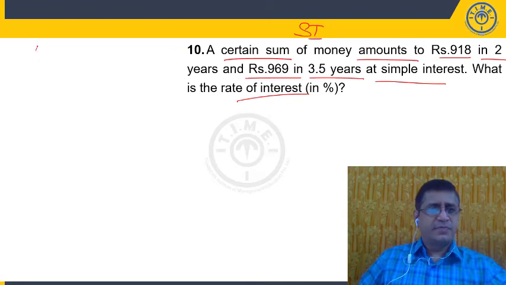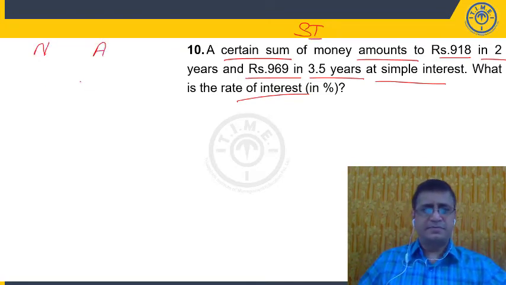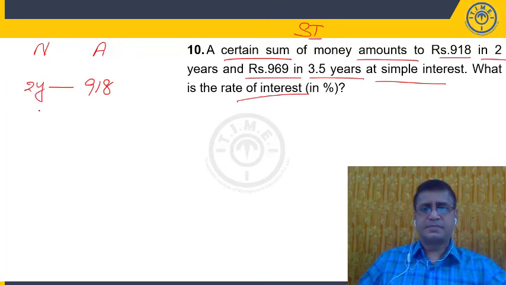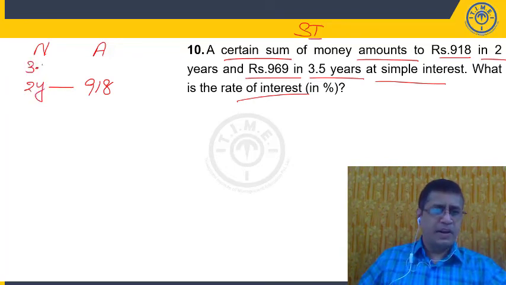My dear students, here the amount and the time period are given. What is the amount? 918 over a period of 2 years, and over a period of 3.5 years it is 969 rupees.